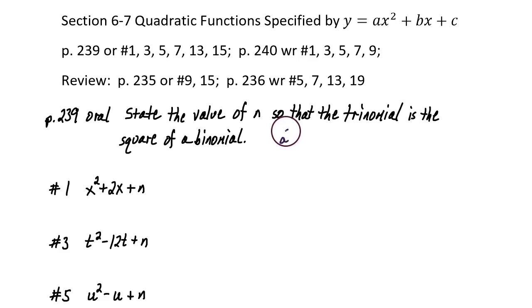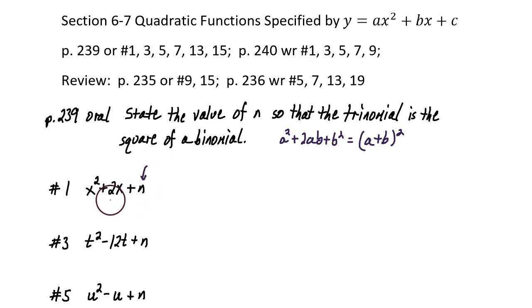The general pattern that we used was a squared plus 2ab plus b squared. That factored into the square of a binomial. The point is that we want to create a perfect square trinomial. So in number 1, for this trinomial to be a perfect square trinomial, what must be the value of n?